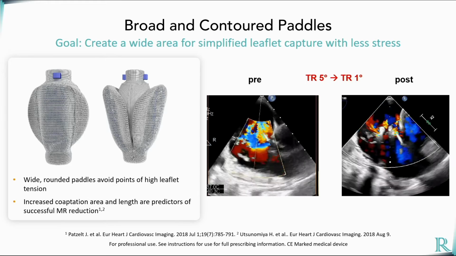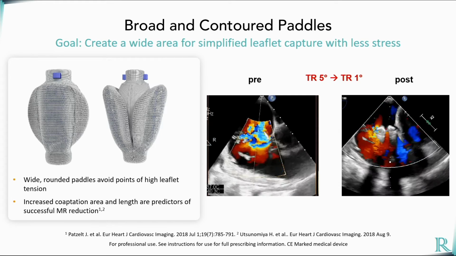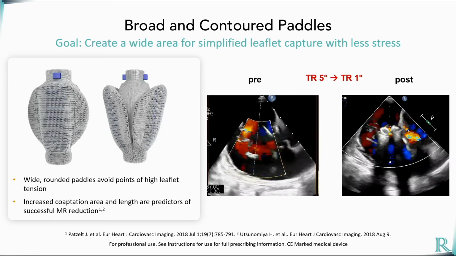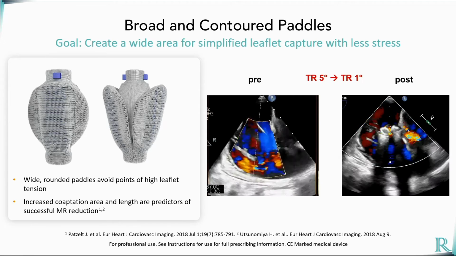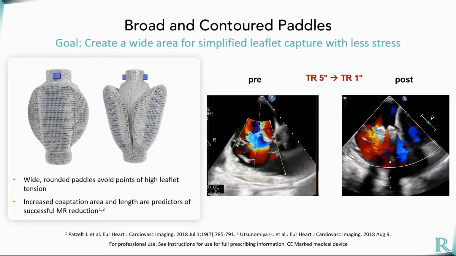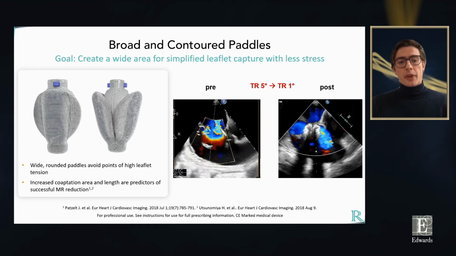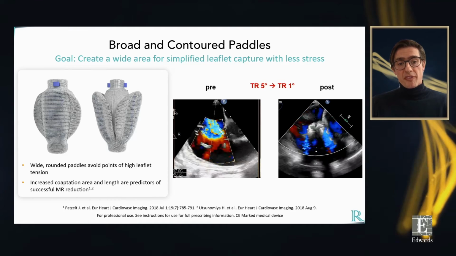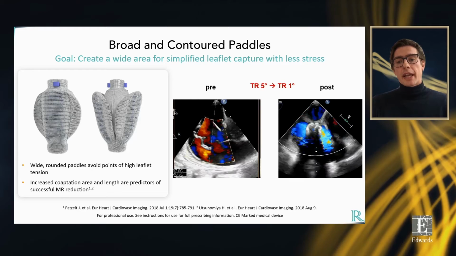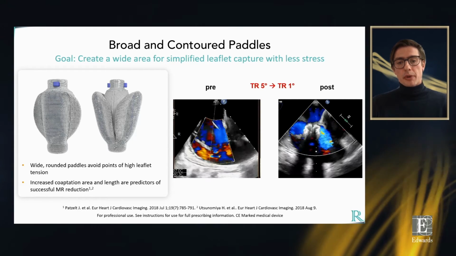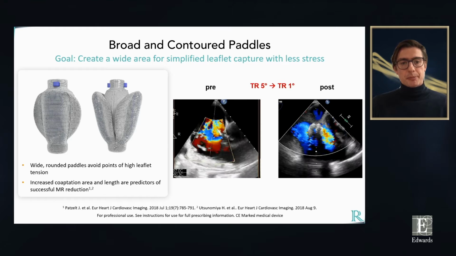We now change from a 1 to 3 grading scheme to a 1 up to 5 grading scheme to account for the almost indefinite values of vena contracta you can see in these patients. So by implanting two PASCAL devices with these wide contoured paddles, we were able to grasp a lot of leaflet and thereby reduce the tricuspid regurg from grade 5 to 1, as seen in that example.